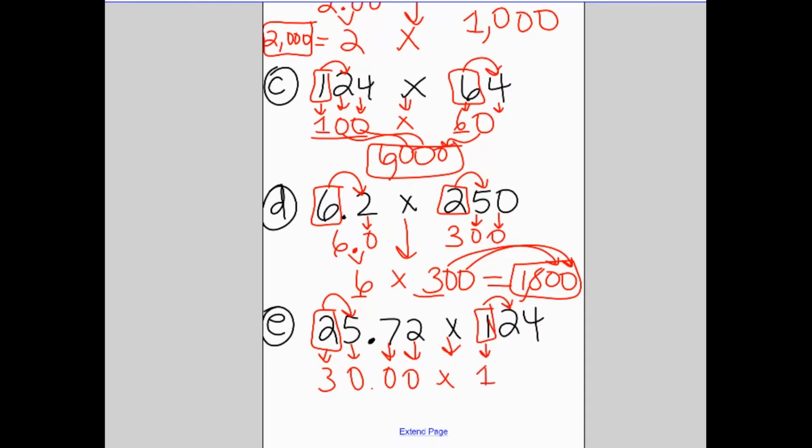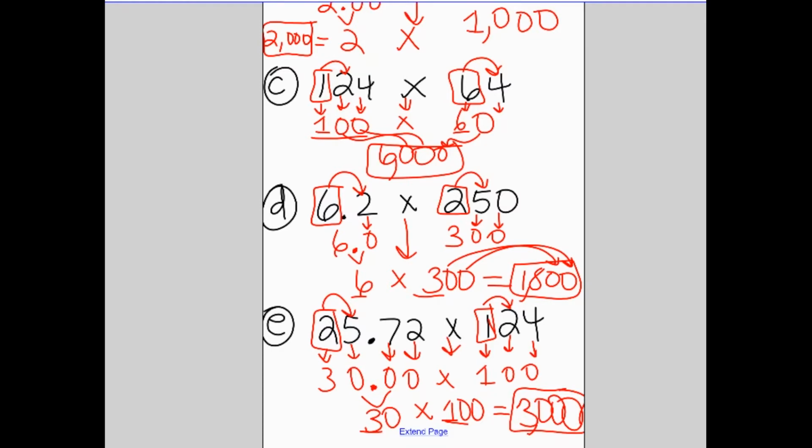So now that's a 1, 0, 0. And then remember this 30.00, that just means 30. So now I have 30 times 100, which means I'm doing 3 times 1, which is 3, and then I bring over 3 zeros. That's 3,000.